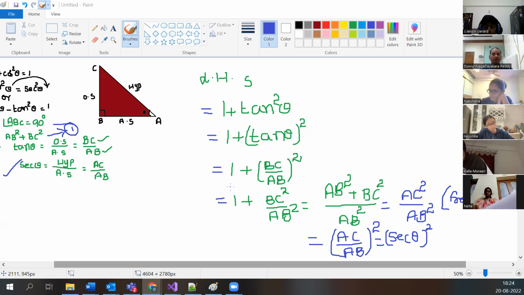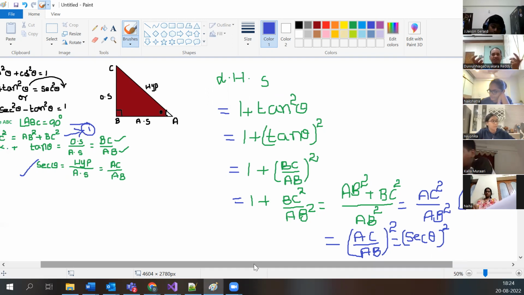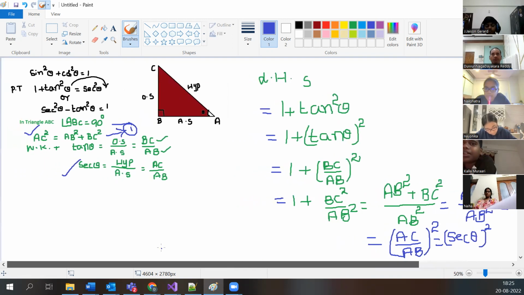Shall we move on, everyone understood? You want me to explain one more time? This is very basic, right? Whatever we discussed, we applied only the basic things. What is the definition of sine theta? What is the definition of tan theta? Secant theta? The same thing we applied. Nothing new here. Done, sir. Please note down these things also.